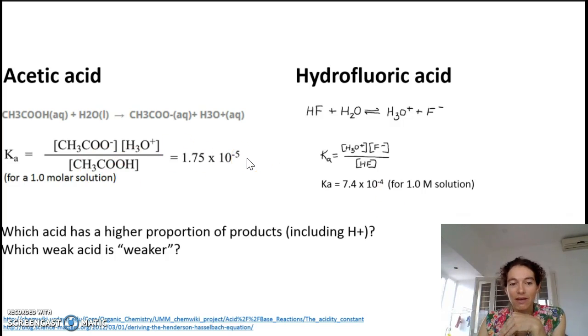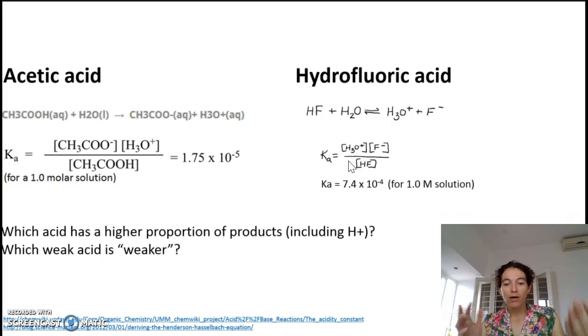Acetic acid has a very small Ka compared to hydrofluoric acid. I mean, not that much smaller, but smaller. And so that means it breaks apart less than hydrofluoric acid does. The more things break apart, the stronger they are when we're talking about acids and bases.